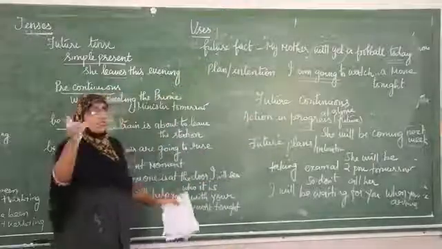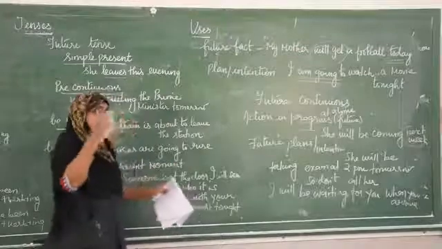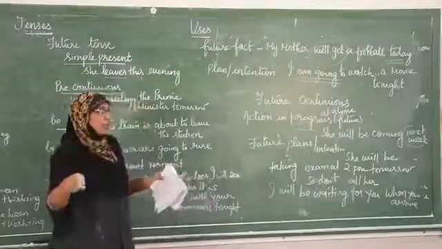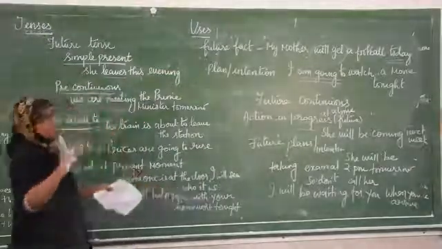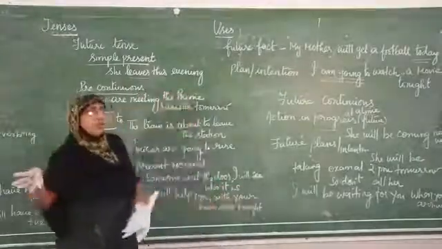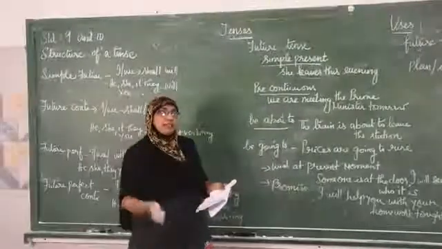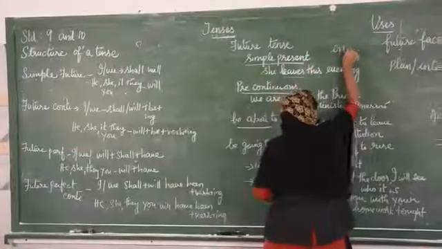Next, parallel actions. Parallel actions means two actions going on at the same time in the future. For example, she will be watching TV, I will be reading my lessons. So, two parallel actions. Another one is atmosphere in the future. When I enter the class, enter is in present form.